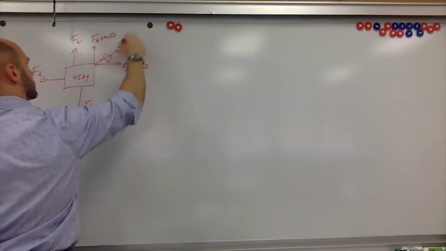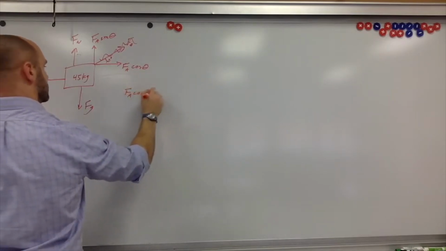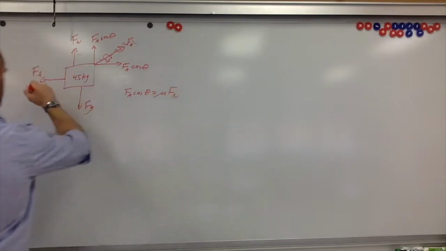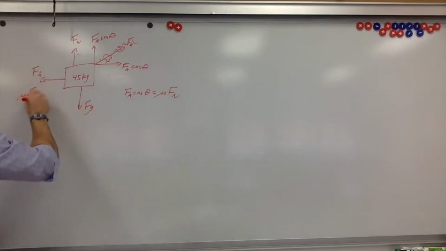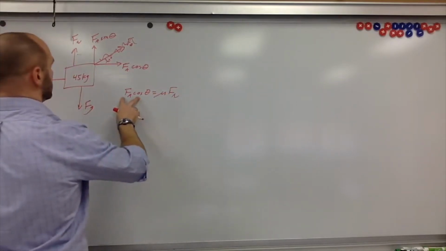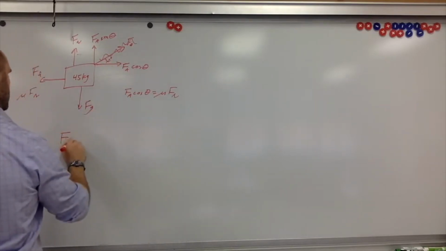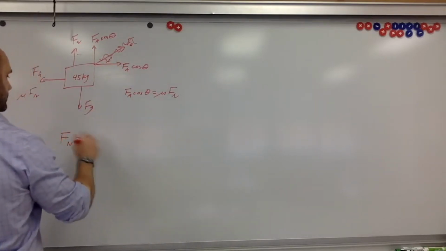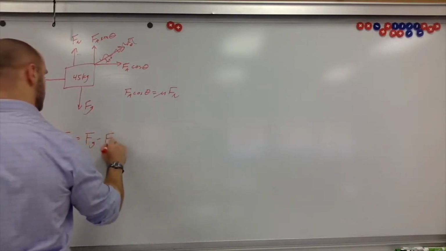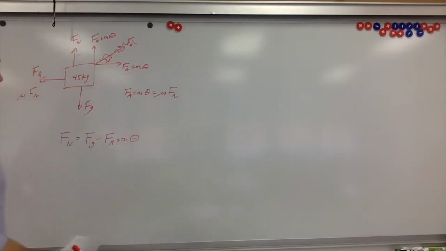I know that Fa cosine theta is equal to mu Fn. And then Fn is going to be equal to Fg minus Fa sine theta.